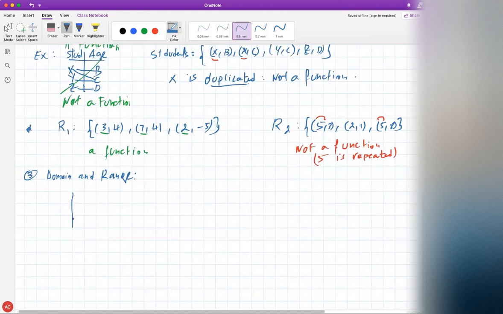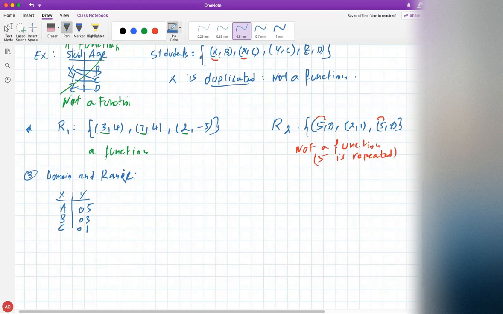This is very simple again. All it means is, again, if you take some table, some elements, and whatever this is, X, Y, could be student ID, whatever it is. And you have some elements here and some corresponding elements on the other side, whatever values those are. So the domain is simply the first column by itself.